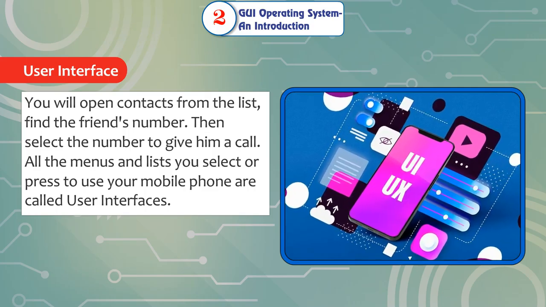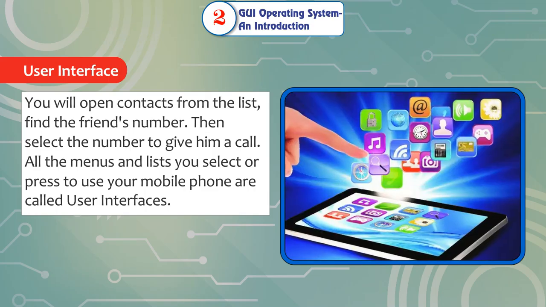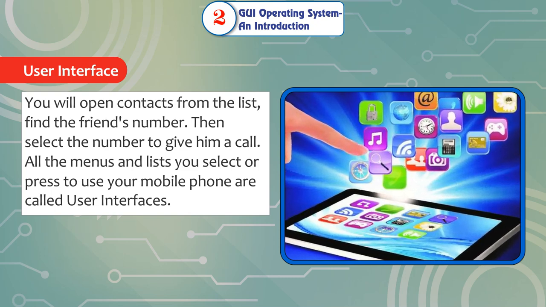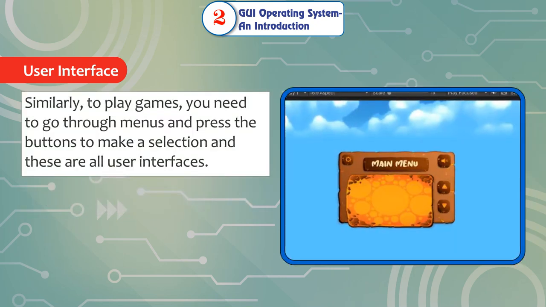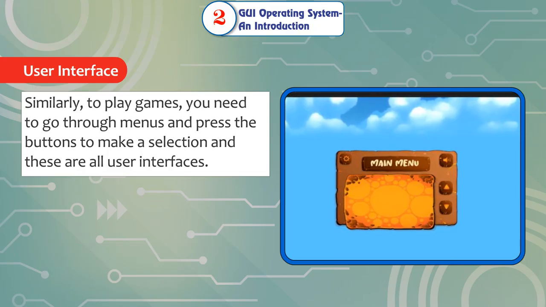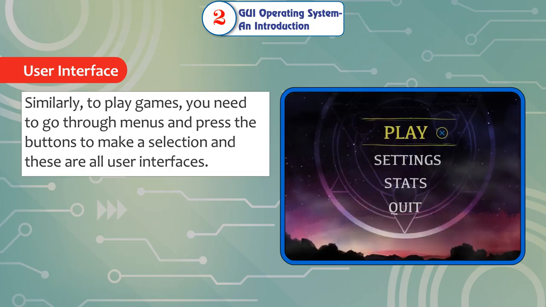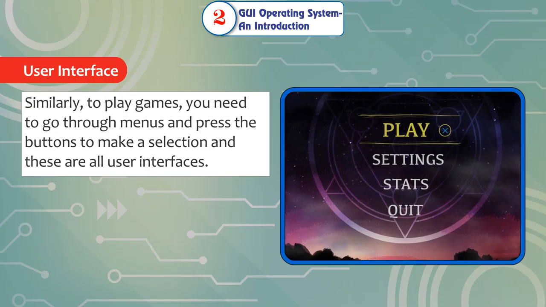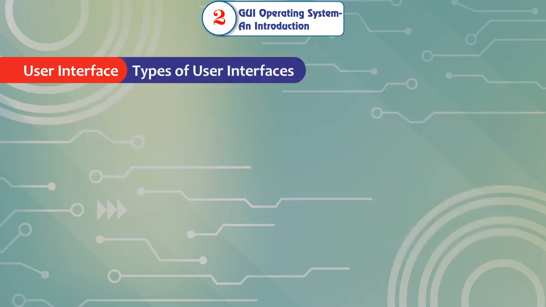All the menus and lists you select or press to use your mobile phone are called user interfaces. Similarly, to play games, you need to go through menus and press the buttons to make a selection, and these are all user interfaces.